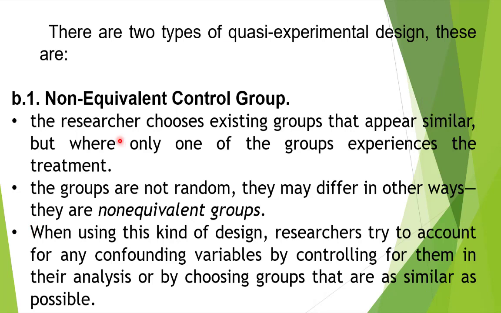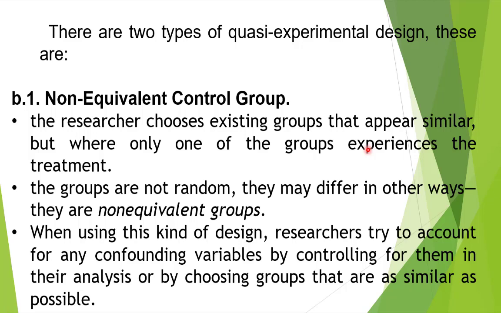There are two types of quasi-experimental design, and the first is the non-equivalent control group. For the non-equivalent control group, the researcher chooses existing groups that appear similar but where only one of the groups experiences the treatment. So there will be two groups: one will have the treatment and the other will not.